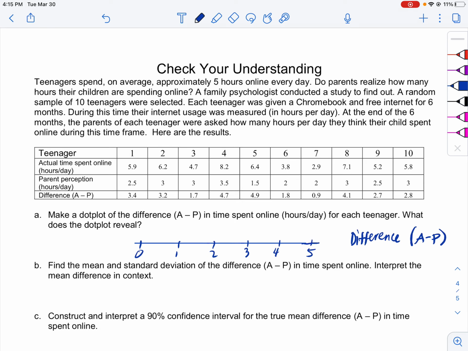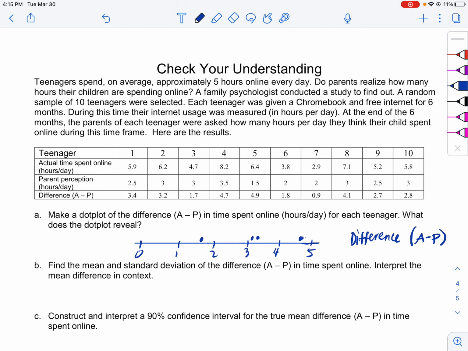There. Okay, I'll start with 3.4. That's 3.4. I made a point there. And then I have 1.7 around this area.